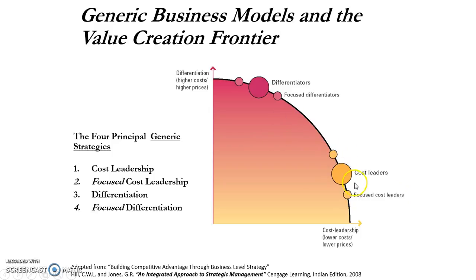So over here we have cost leaders, as in those who are working on the cost leadership strategy. They offer products with low prices, they manufacture them at lower cost, and certainly the value that is delivered to the customer is also low. But since they are catering to a larger size of market, they are amongst the cost leaders.